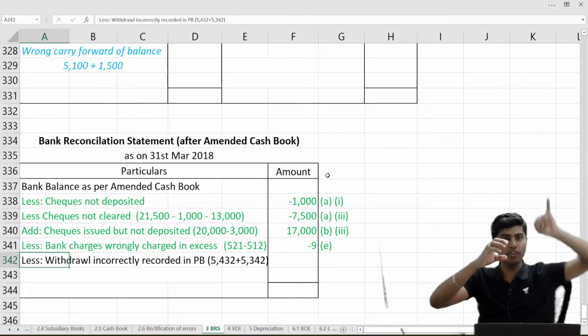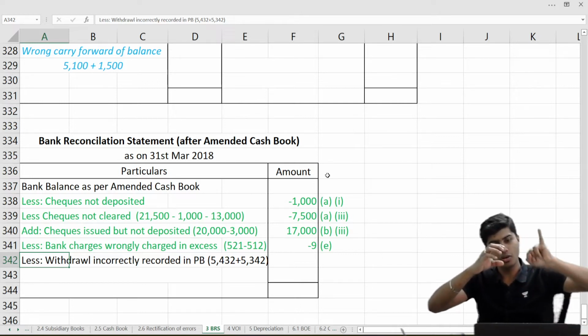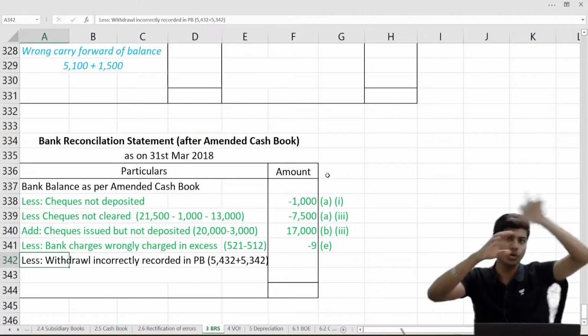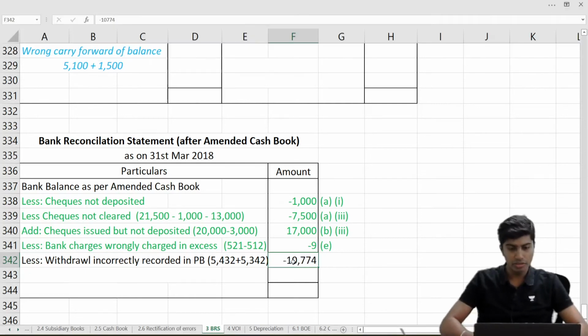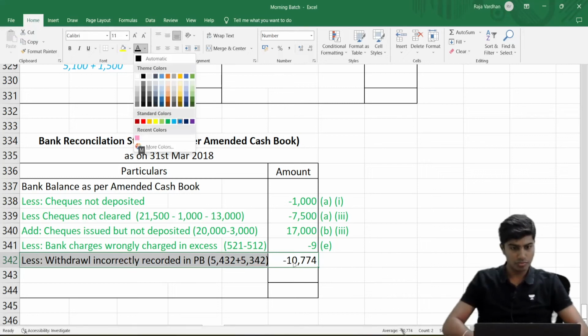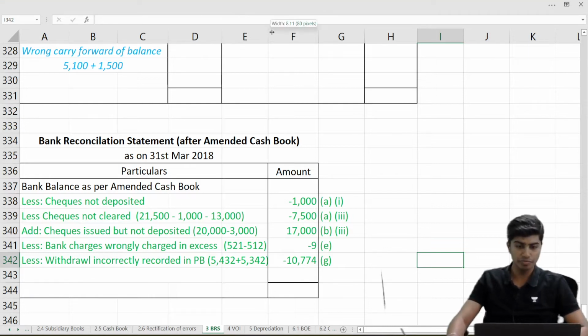It has gone down by 5342. So if we add 5342 it will become 0. Further I should add 5432 to arrive at the correct balance. So what exactly is the amount? 10,774. There we go. I have deducted it by 10,774. This is our adjustment G.